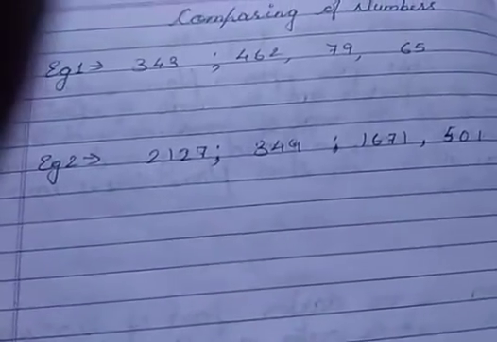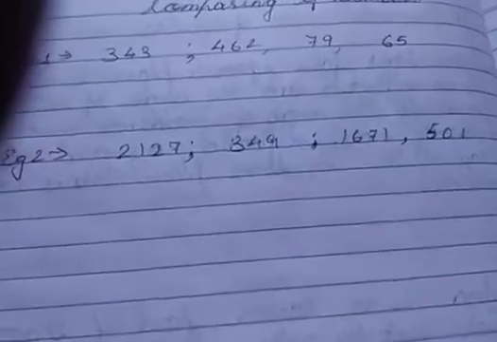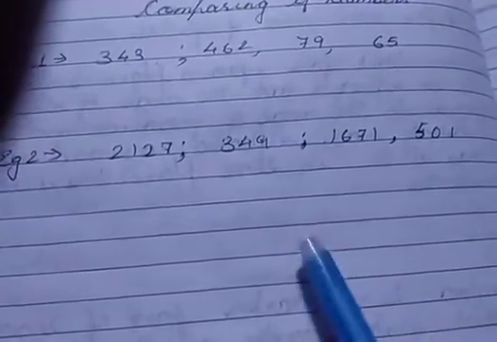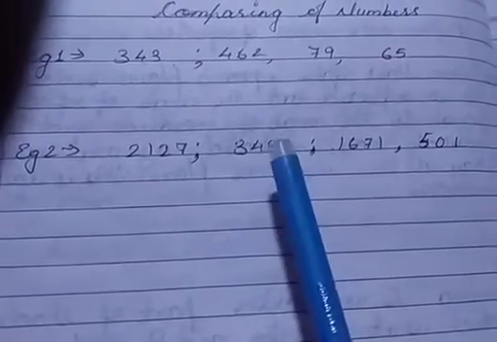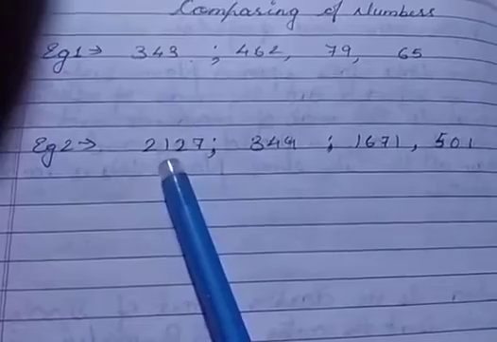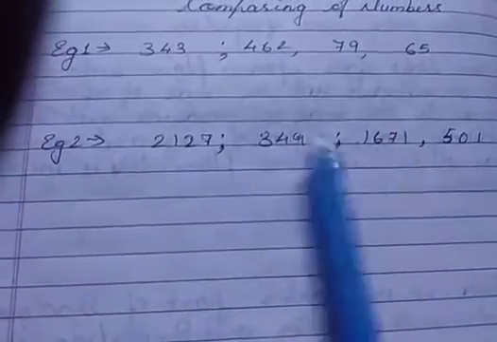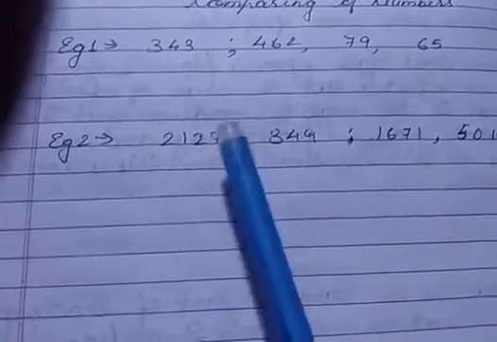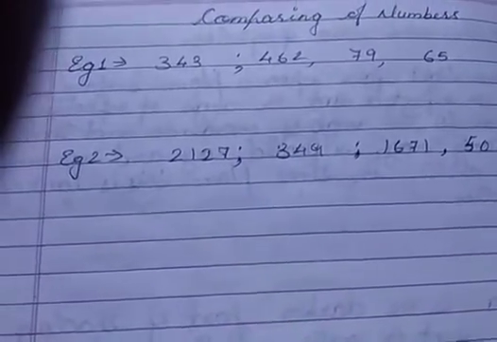And 349 and 501 I have to compare with 343 because they have 3 digits. So 343 is the smallest number. If I want to see the largest number, 2127 is the largest because these two are 4 digit, and of these 2127 is larger.